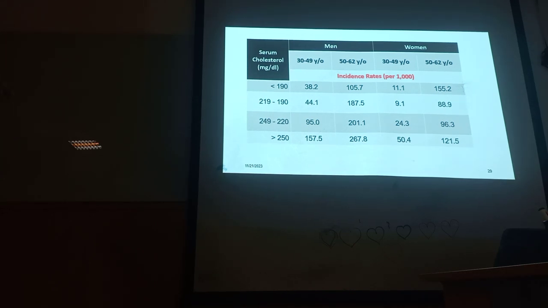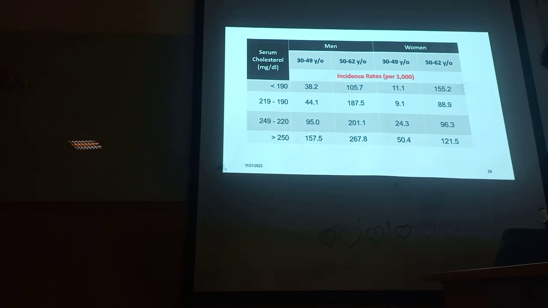These are levels of serum cholesterol: lower than 190, 190 to 219, 220 to 250, and higher than 250. These are different levels of exposure. Hypercholesterolemia is defined as a cholesterol level higher than 190, but there are different levels of cholesterol.